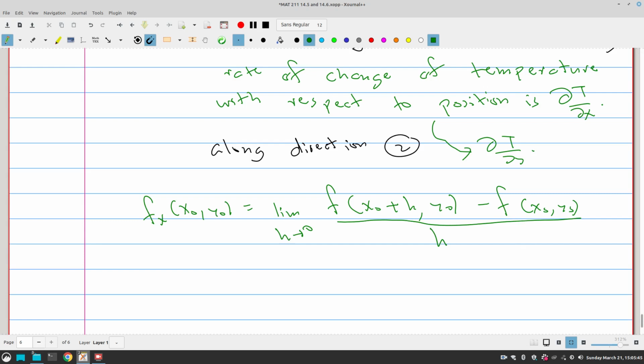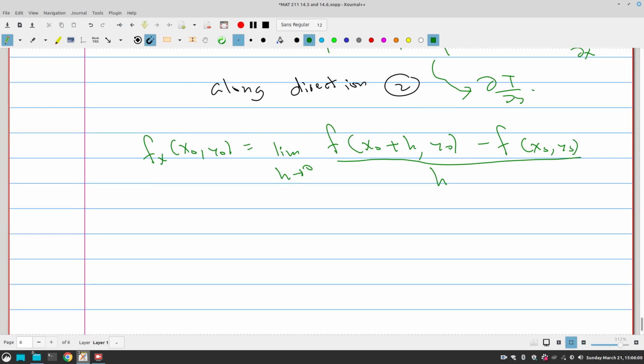Now how would you find the directional derivative in the direction of u? So let u be a unit vector, right? Let this guy be a unit vector.